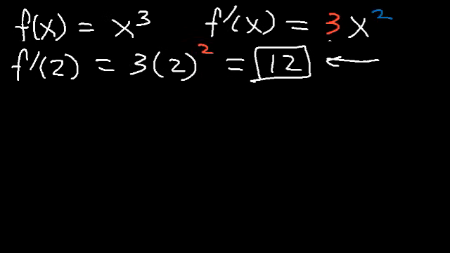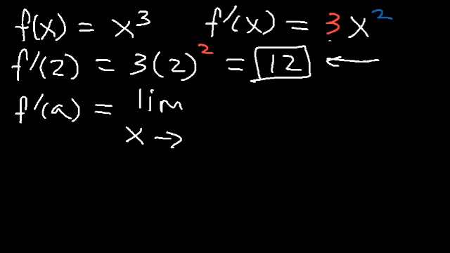So if you want to get the slope of the tangent line, if you want to get the derivative as a number instead of as a function, you want to use this equation. f prime of a is equal to the limit as h approaches 0. Actually, I take that back. As x approaches a, it's different.